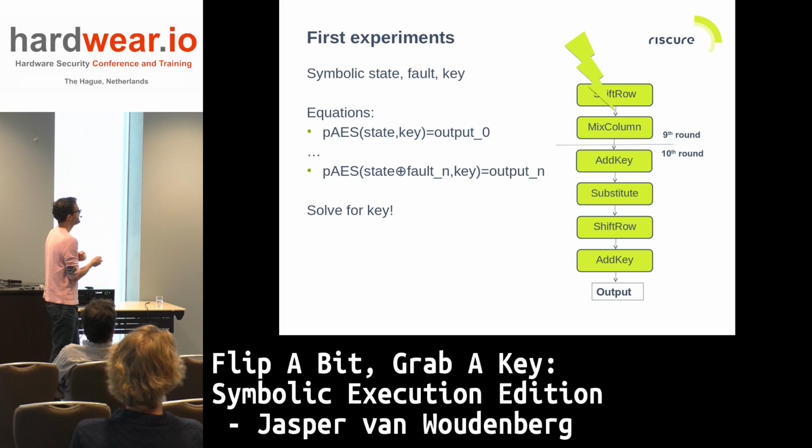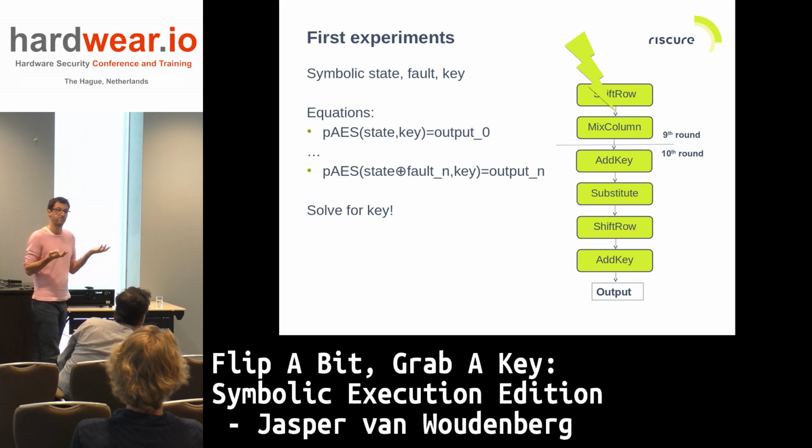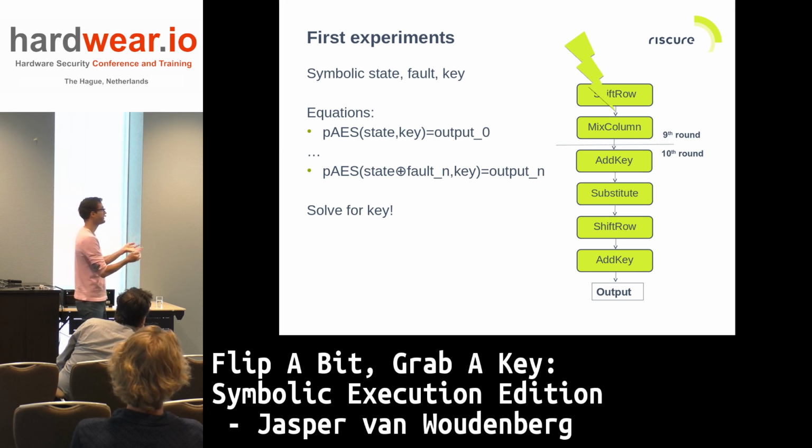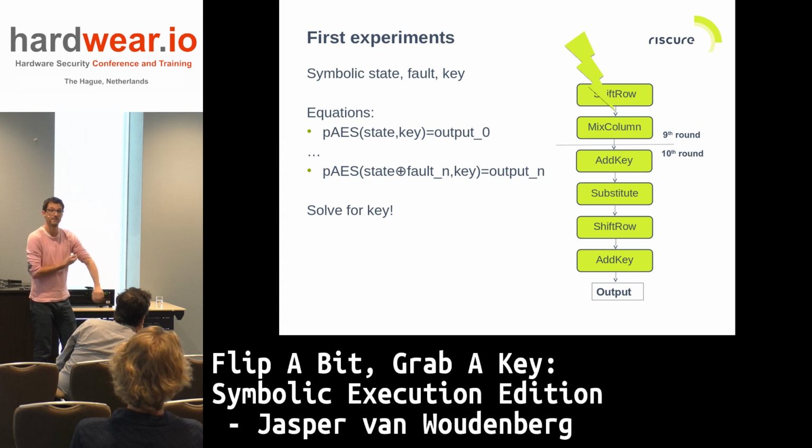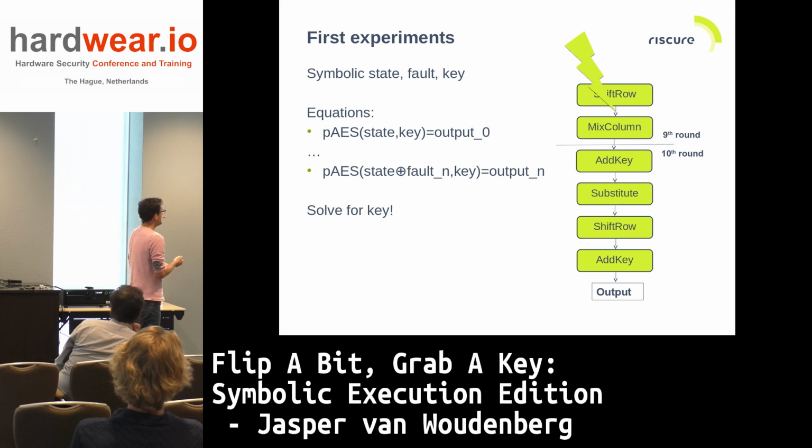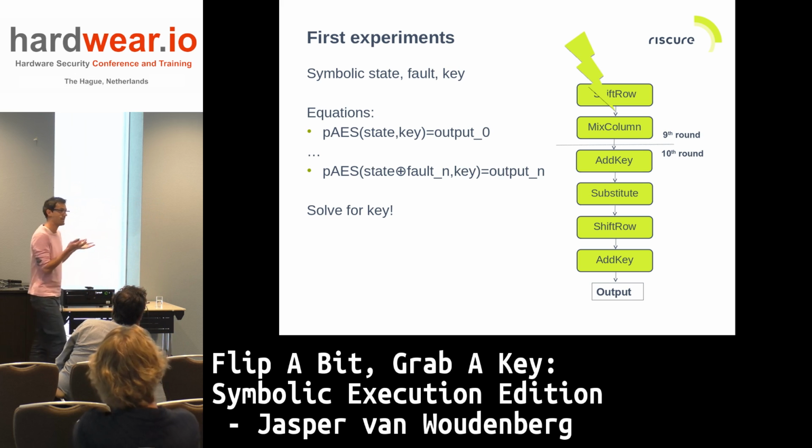Instead of giving it the same state again, I XOR some kind of fault on top of it. And this fault is different every time I create another run. So the state is constant, the key is constant, the fault is different every time. So I build up more and more equations. And at the end, I just say solve for key. That's how stupid I like to be.